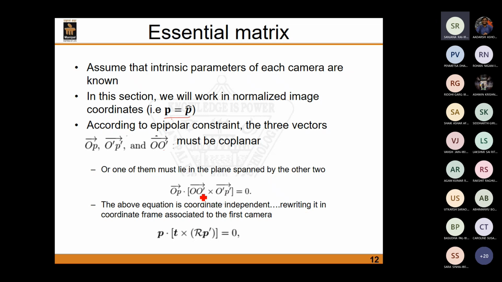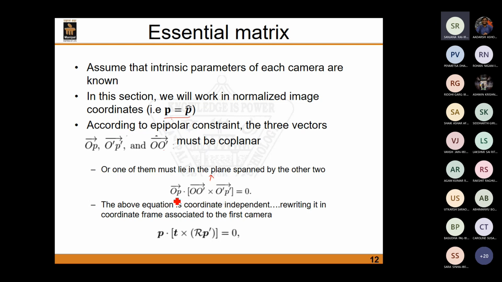If you have three coplanar lines and I take the cross product of two lines, I get a vector normal to the plane. Therefore, if I take the dot product with it, I'll get 0. So one line dot the cross product of the other two lines is equal to 0.